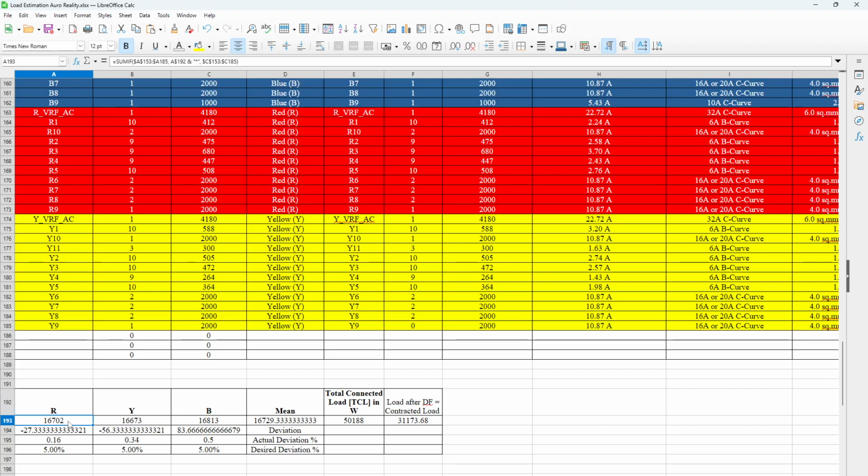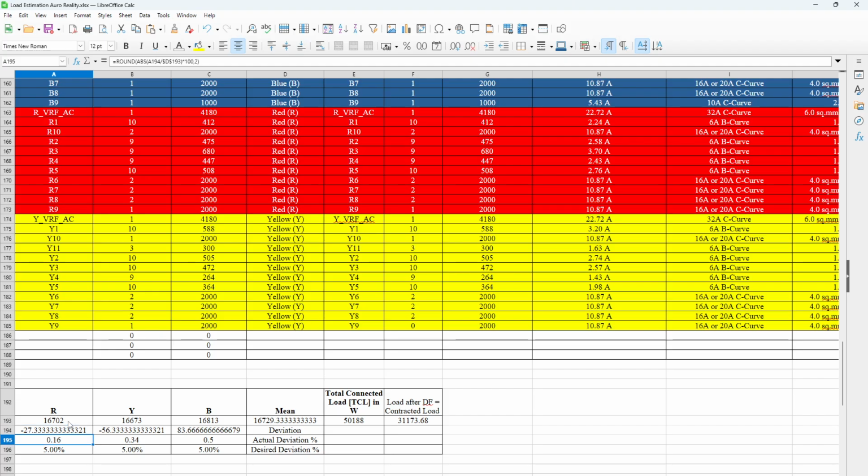See, R phase load 16,702 watts, Y phase 16,673 watts, B phase 16,813 watts. What is the mean? So how much deviation is there? Only 83 watts, 56 watts, 27 watts.